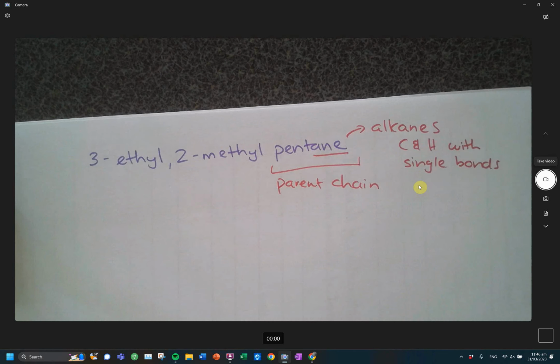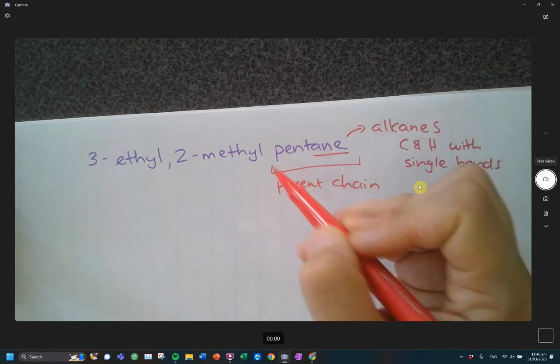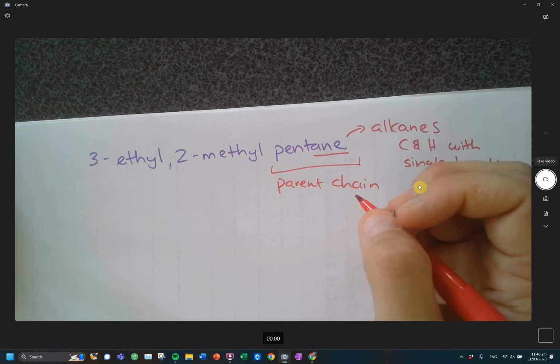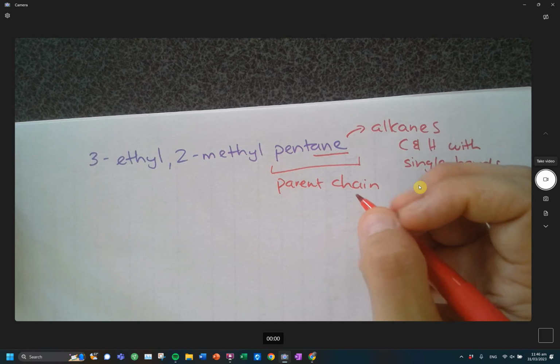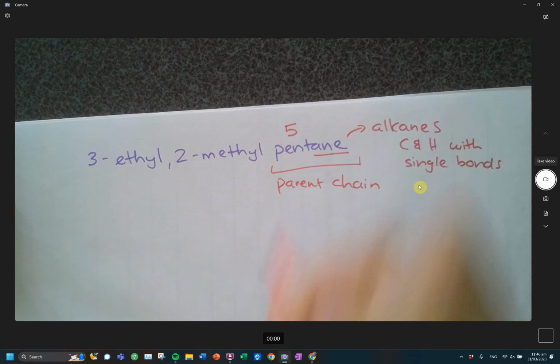All right, keep going. Okay, so the next bit is that beginning bit of that word, the pent, gives us a lot of information when it comes to the number of carbons. Pent is 5 carbons in that main chain.